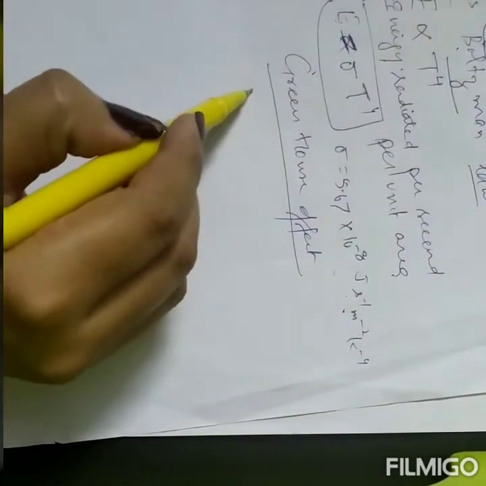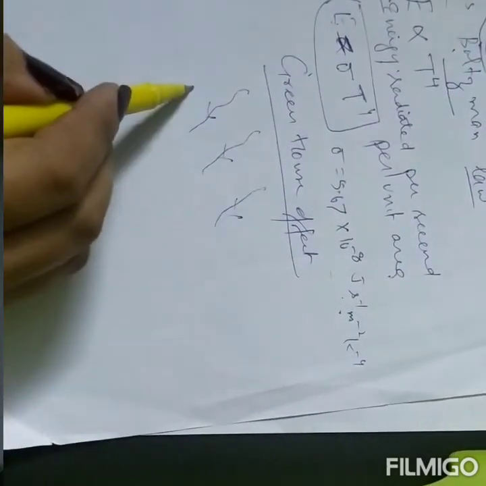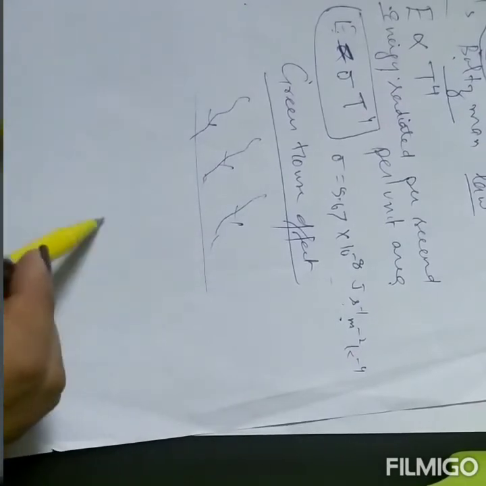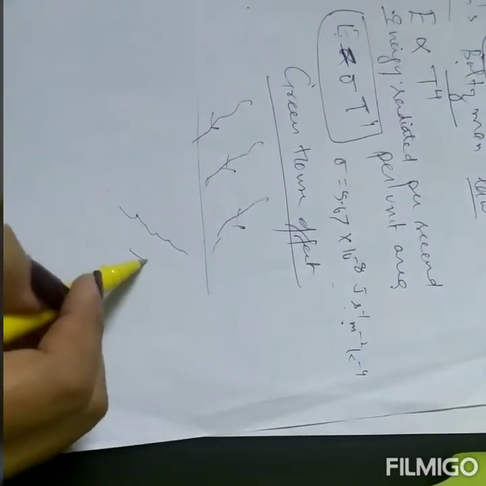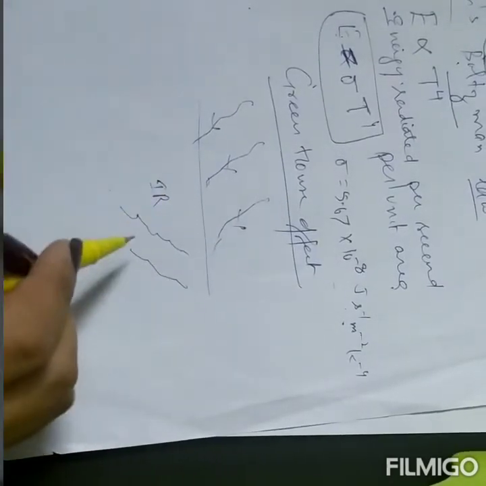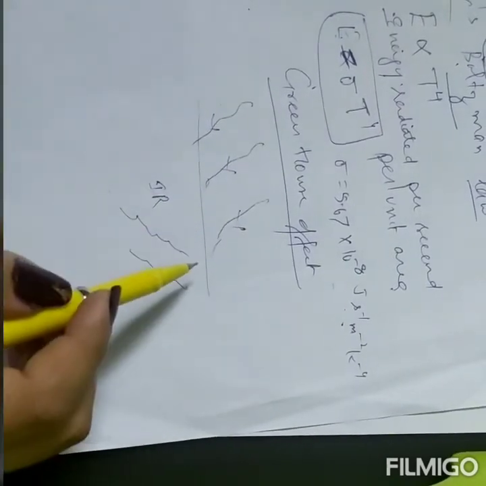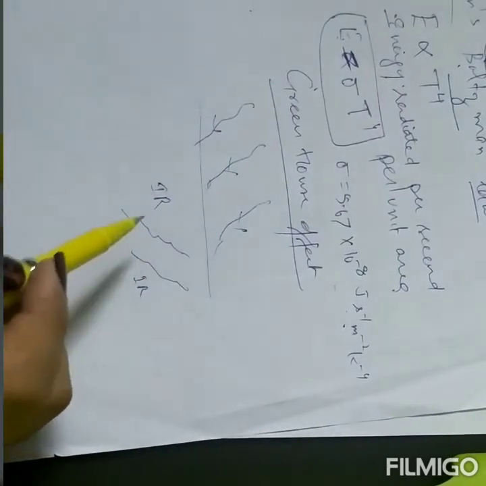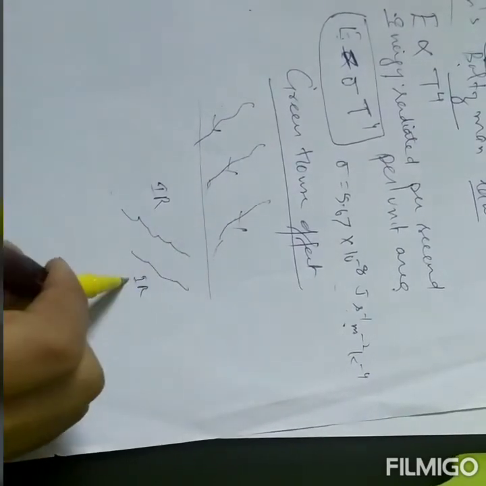Now what happens? Whatever sun radiations are coming to the earth, the earth absorbs them, but then re-radiates them in the form of IR radiations. When the sun radiations are absorbed by the earth, the earth has to release some kind of radiations, so they are IR radiations.